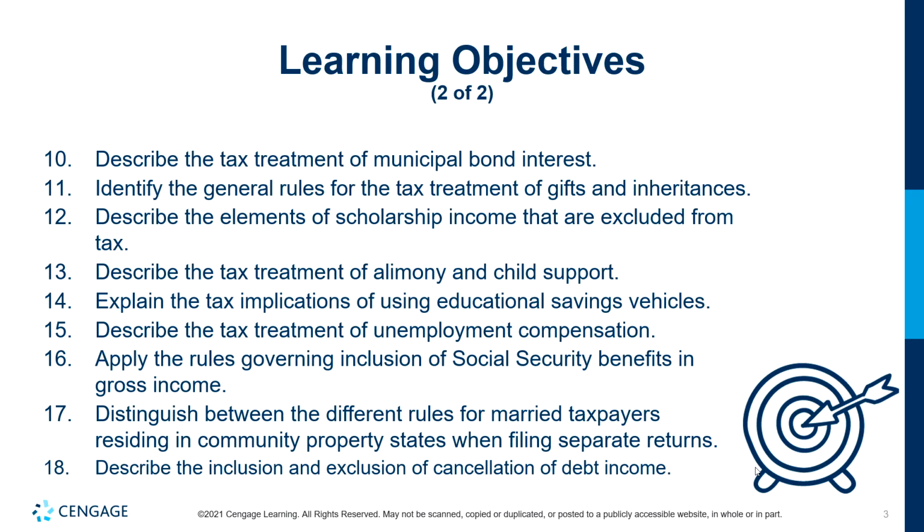And then, finally, after all of that, we're going to describe the inclusion and exclusion of cancellation of debt income. That's a big one. That's a 1099-C going on there.